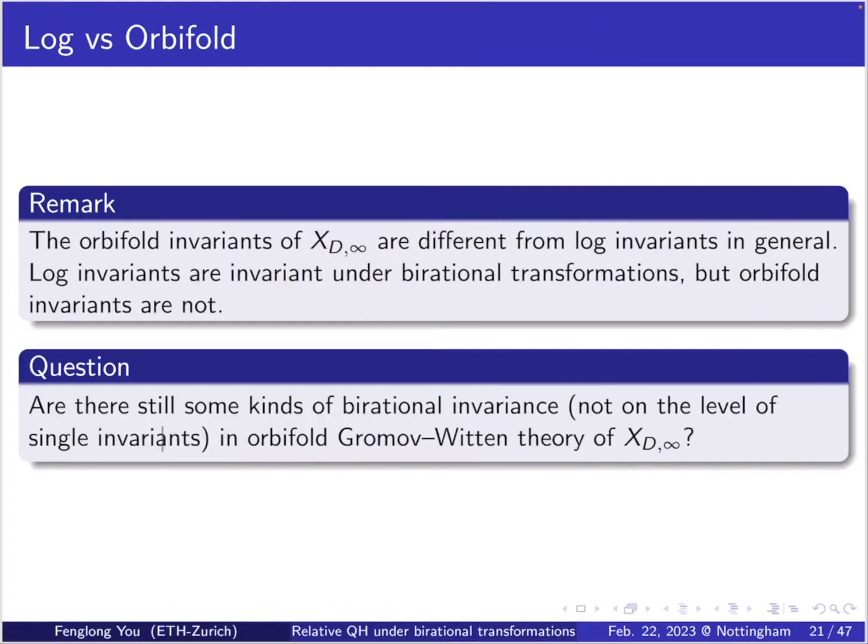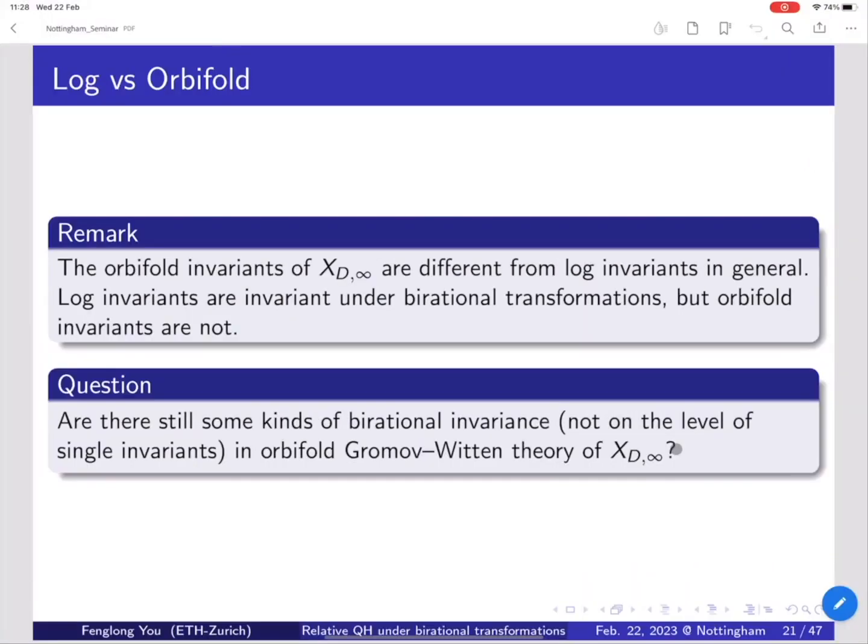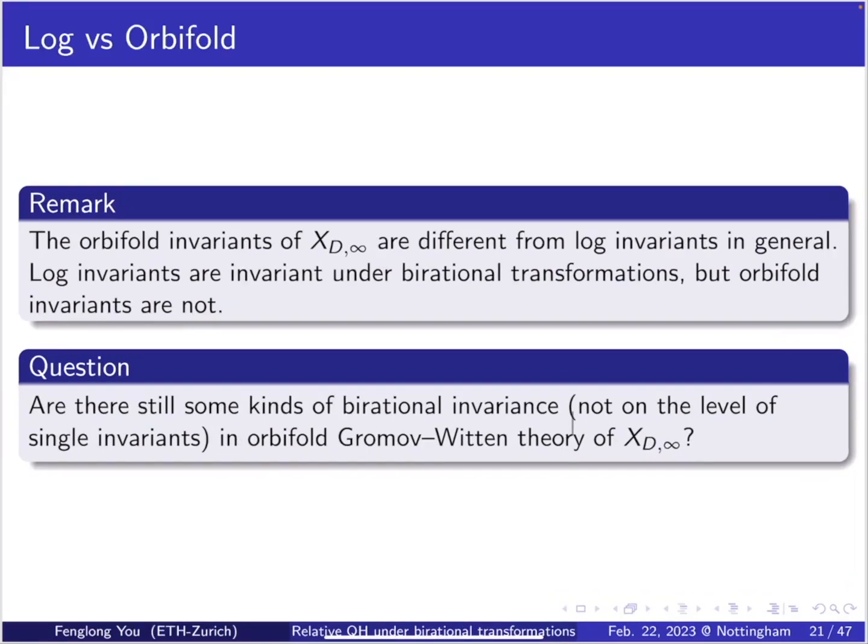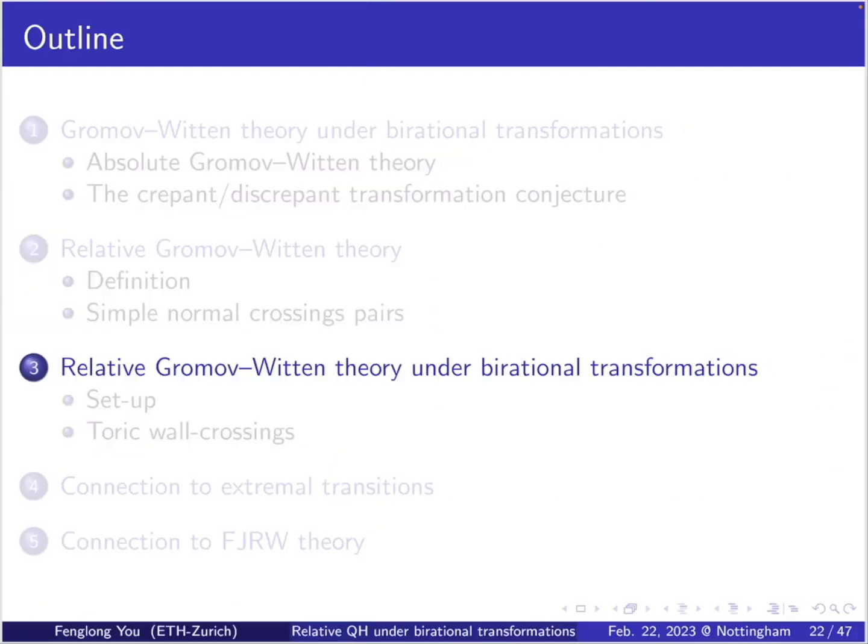So there's another motivation, another question here: do we still have some kind of birational invariance of this kind of orbifold Gromov-Witten theory? Not on the level of a single invariant, but of the quantum cohomology, the relative quantum cohomology of this kind of pair. That is another motivation of why we need to study relative quantum cohomology under birational transformations, because in this way we can see how these invariants are different from the log Gromov-Witten invariants.